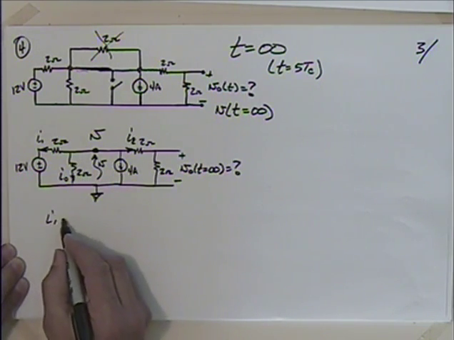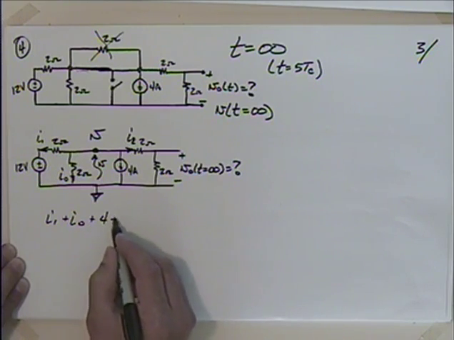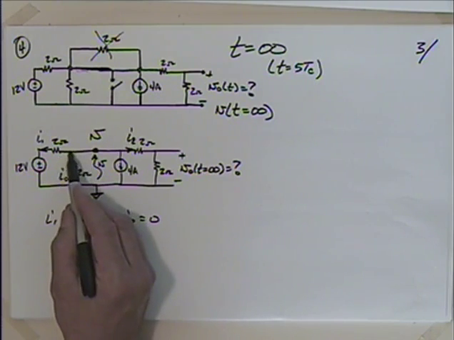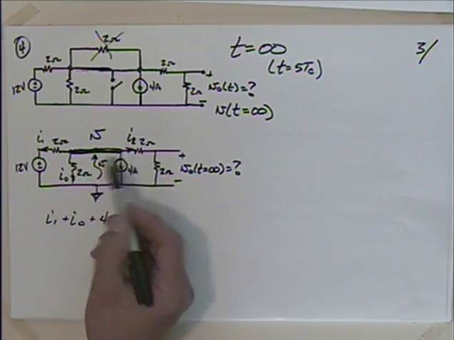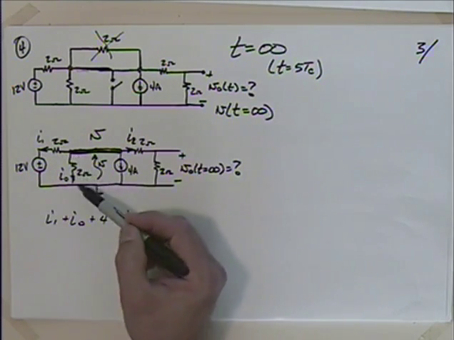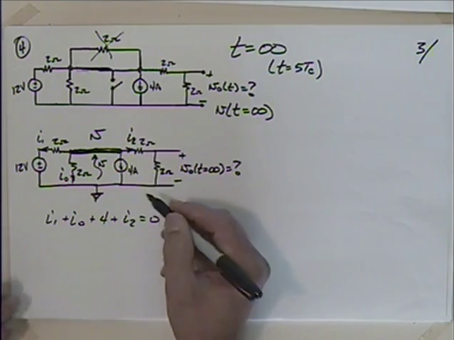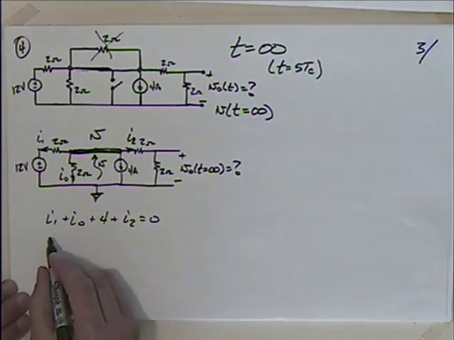So I've got I1 plus I0 plus 4 plus I2 is equal to 0. Is that right? This is all one node, one great big node. I1's leaving, I0's leaving, 4 is leaving, and I2 is leaving. So obviously couldn't have everything leaving, so probably one or more of those is negative.